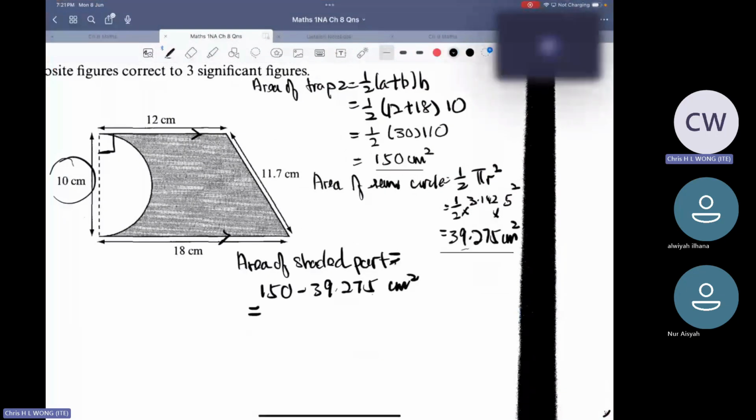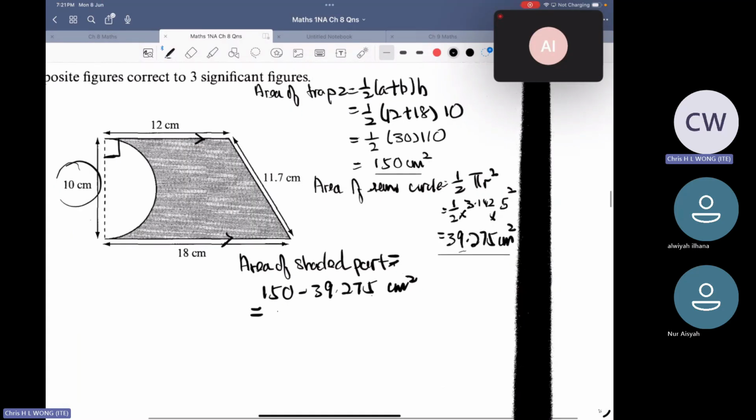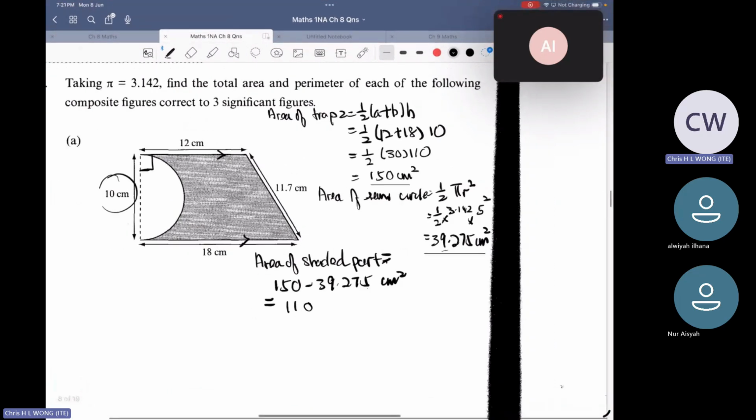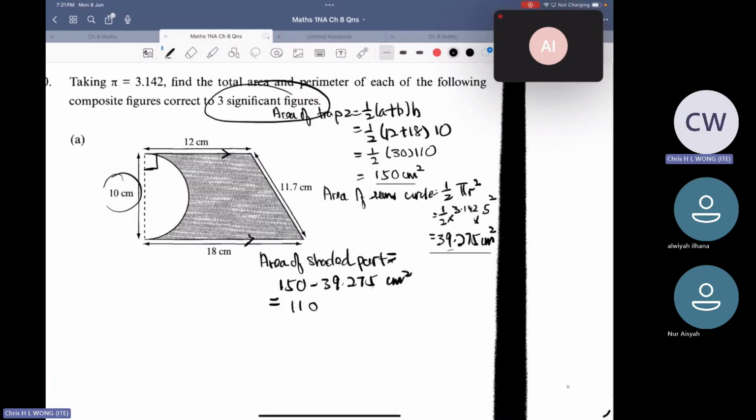So you have two students watching from the video. Okay, 150 minus 39.275. Don't give me the three significant figures yet. I know that they asked for three significant figures, but give me the whole thing first. 150 minus 39.275 is 110.725 cm squared, right?